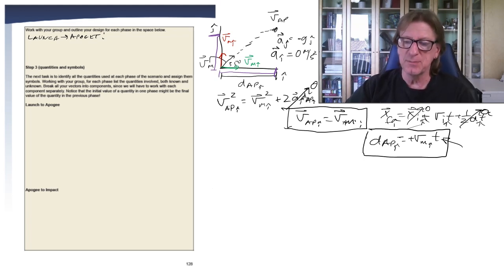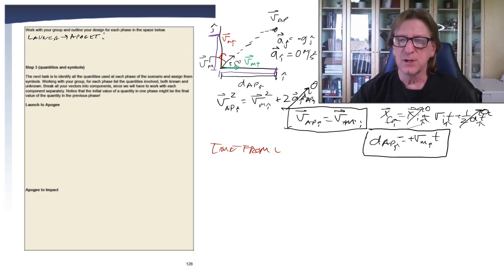If you find the time, I'll give you what you want. I'll give you that distance. So we know, though, that usually to find the time, I'm going to go over to the other side. All right. So what I would do then is I'm going to say, okay, I need to find out my time. So my phase now becomes find the time from launch to apogee.